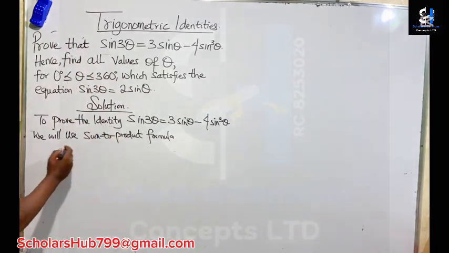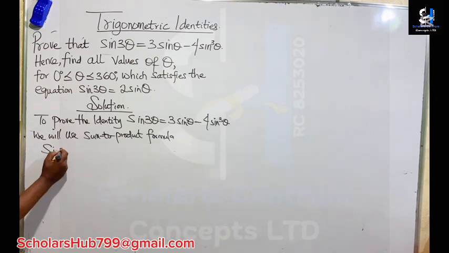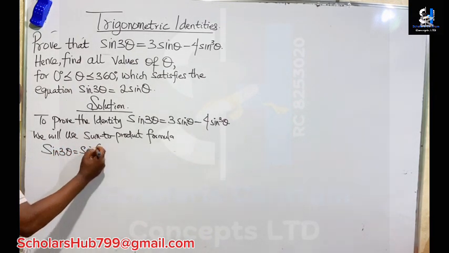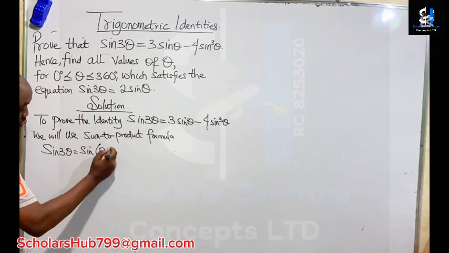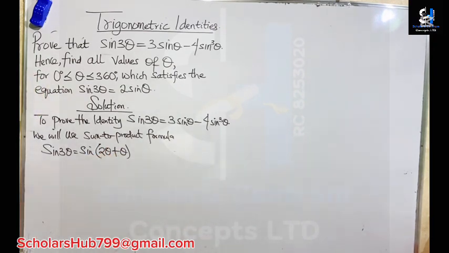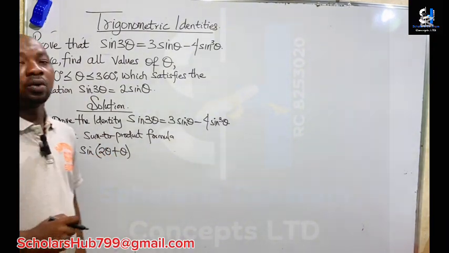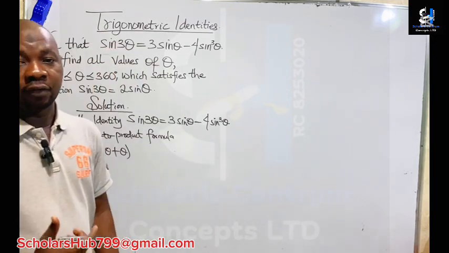So first we need to write sine 3 theta as sine of 2 theta plus theta. Then we can use what we call the angle sum formula for sine.